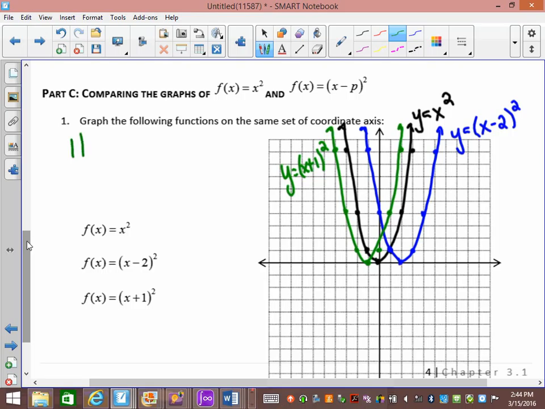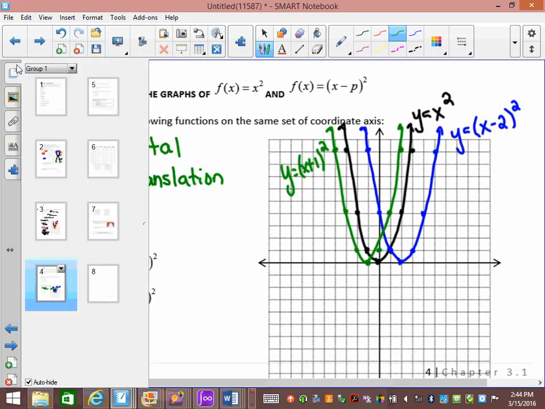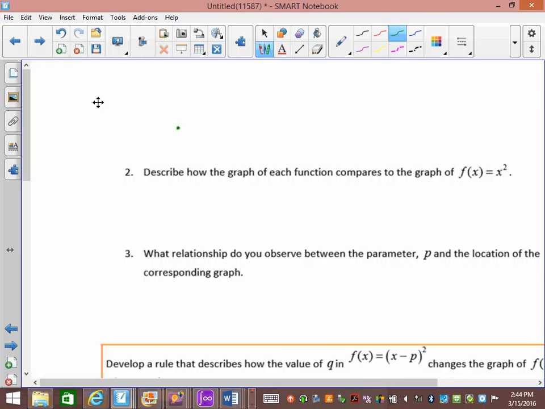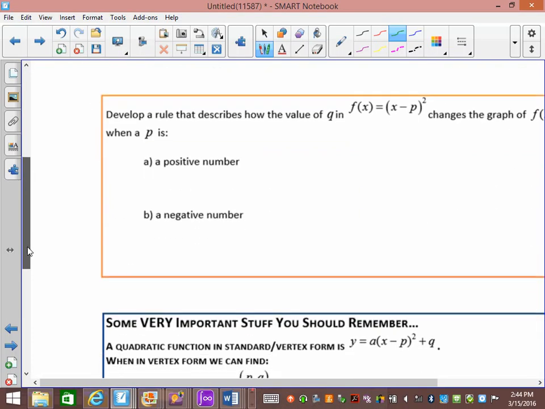This is a horizontal translation. The other one was vertical. This one is horizontal. Now, flip over here.